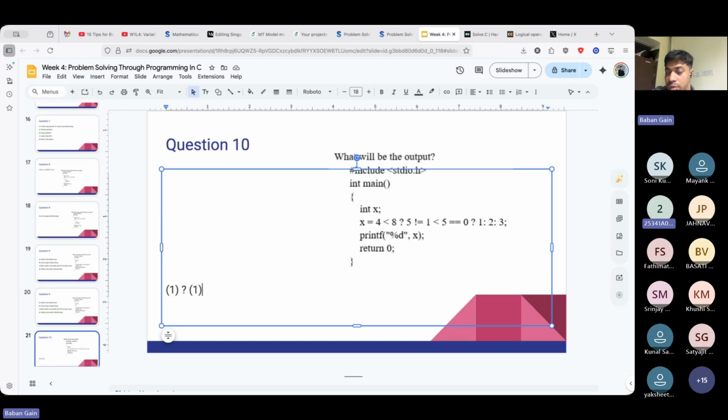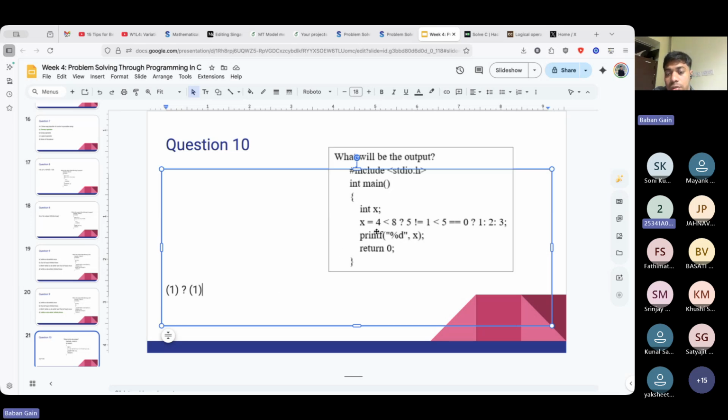Sorry, you are not audible properly. Sir, you said the less than symbol will get higher priority, no? So less than has higher priority. In 2 cases the less than symbol is there, sir. 4 is less than 8 and 1 is less than 5. Yes. Then first we need to do this.